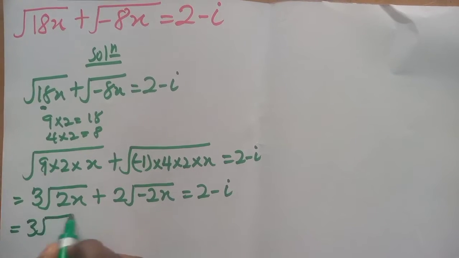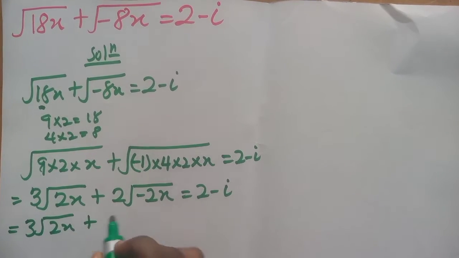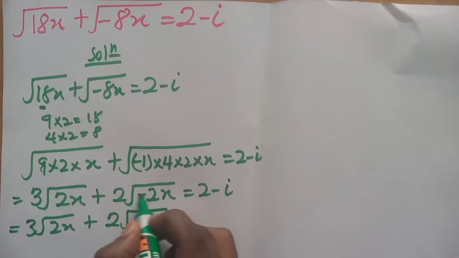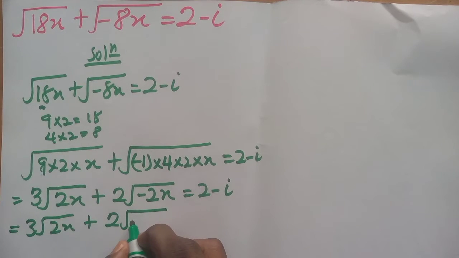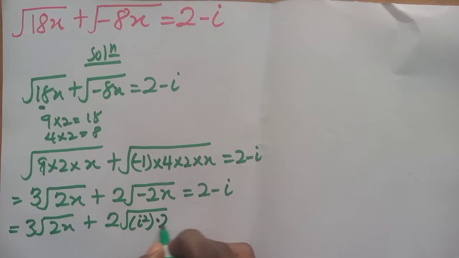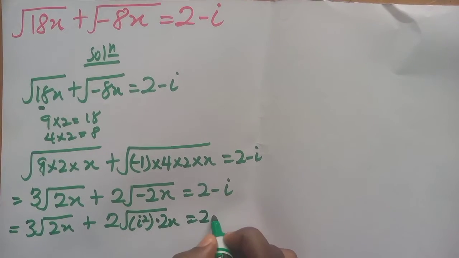So we have 3 square root of 2x, plus 2, and then the square root of negative 1 is basically i, so we replace the negative with i squared, multiplied by 2x, being equal to 2 minus i.